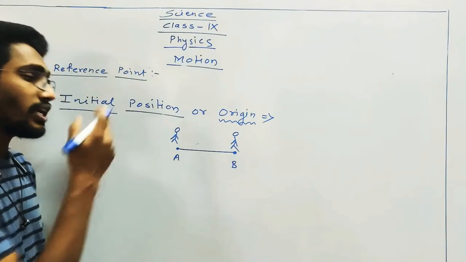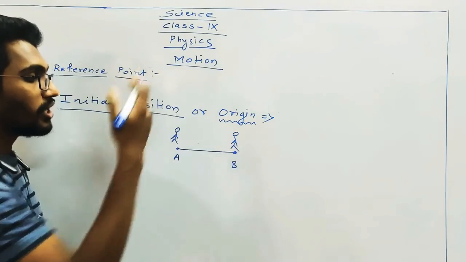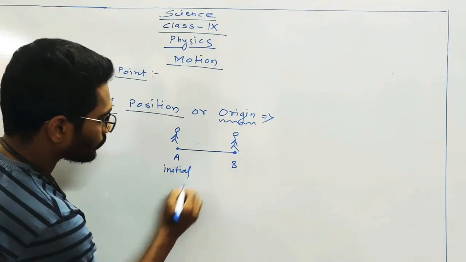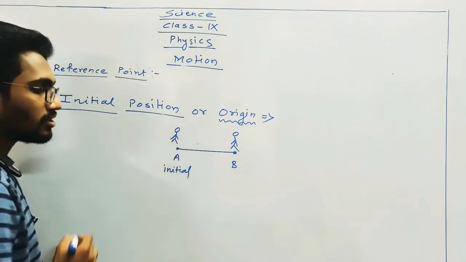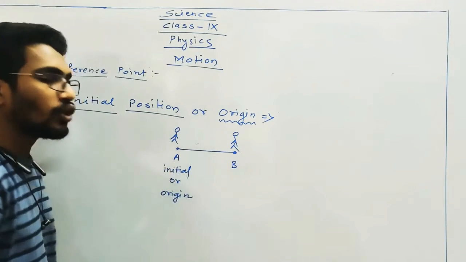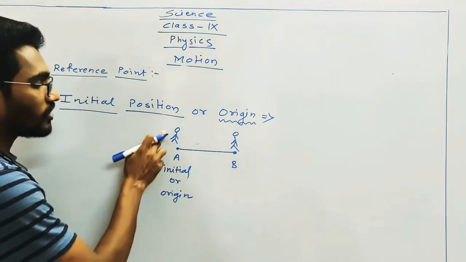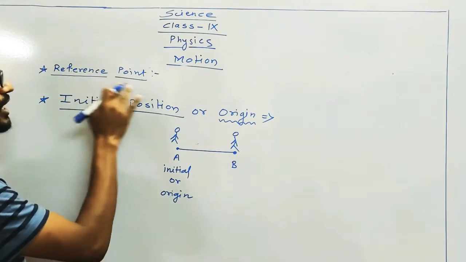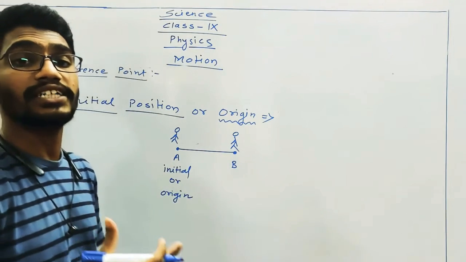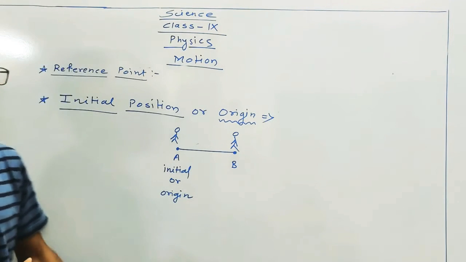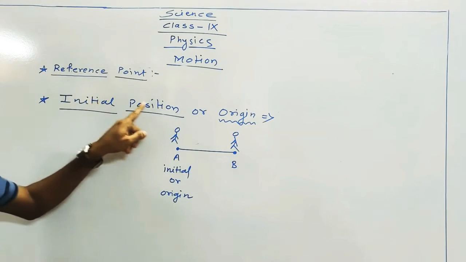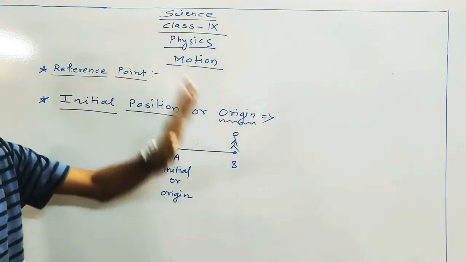Initially it is at point A and finally it is at point B. So A must be the initial position of this person, or we can say origin of the motion for this person. Okay. So what is meant by initial position? The point from which that object starts its motion is called initial position, or we can say origin.